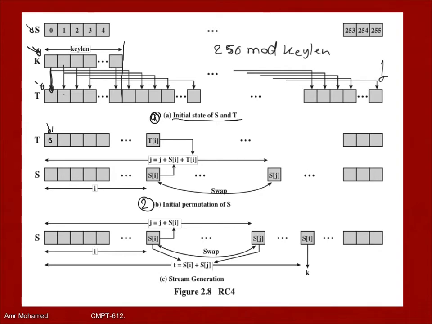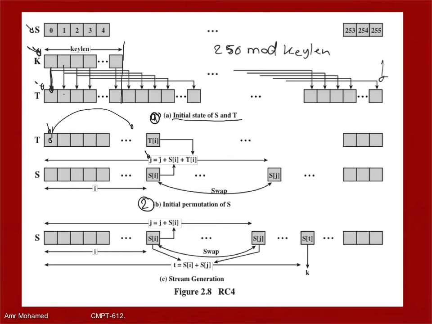We need to find another element to swap the value of this with the value of some other T. This other T is indexed by J, which starts from 0.